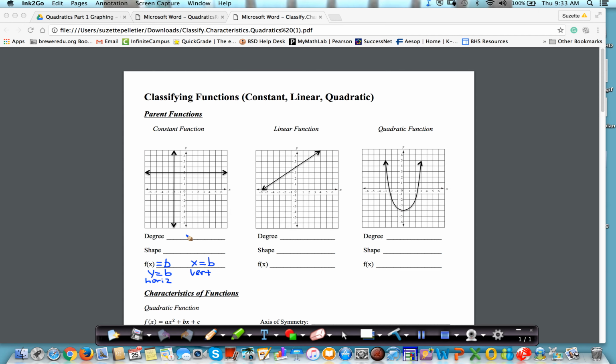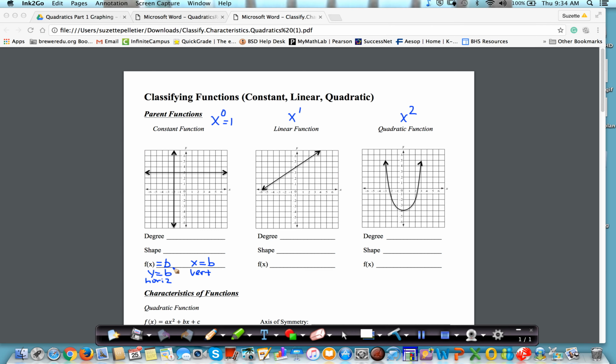Their degree is 0 because there's no term in it that typically has a function. This is an x to the first. This is an x quadratics or x squared. This is usually an x to the 0. So if it's x to the 0, that means it's equal to 1. In other words, there's no x term.